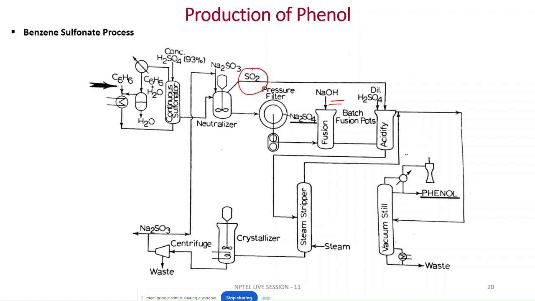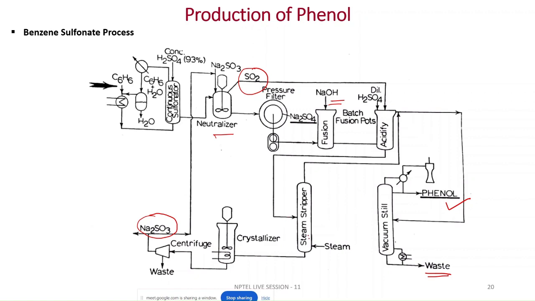The top product of this is taken to the vacuum still, where the phenol is collected as the top product and the heavy waste product is separated out. The further product from the acidification reaction is taken to the steam stripper, where as a bottom product we get Na2SO3, which can be recycled back to the neutralization step.